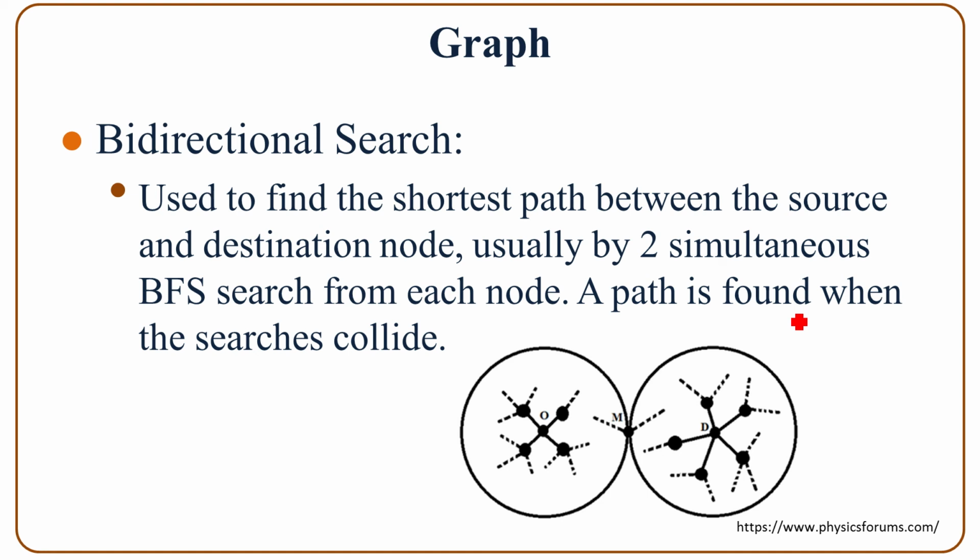What is bidirectional search? This is used to find the shortest path between the source and the destination node, usually by two simultaneous BFS searches from each node. The path is found when the searches collide.